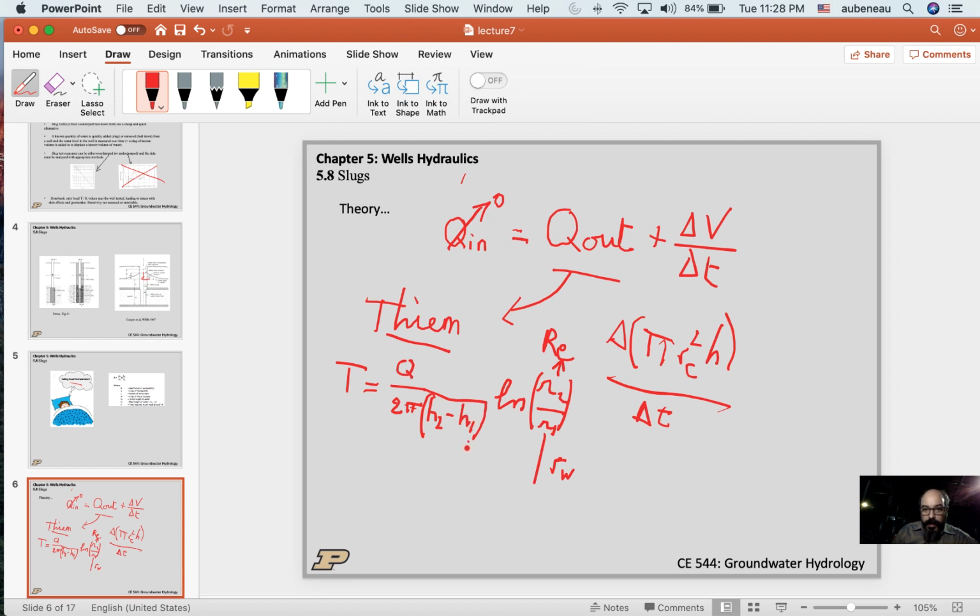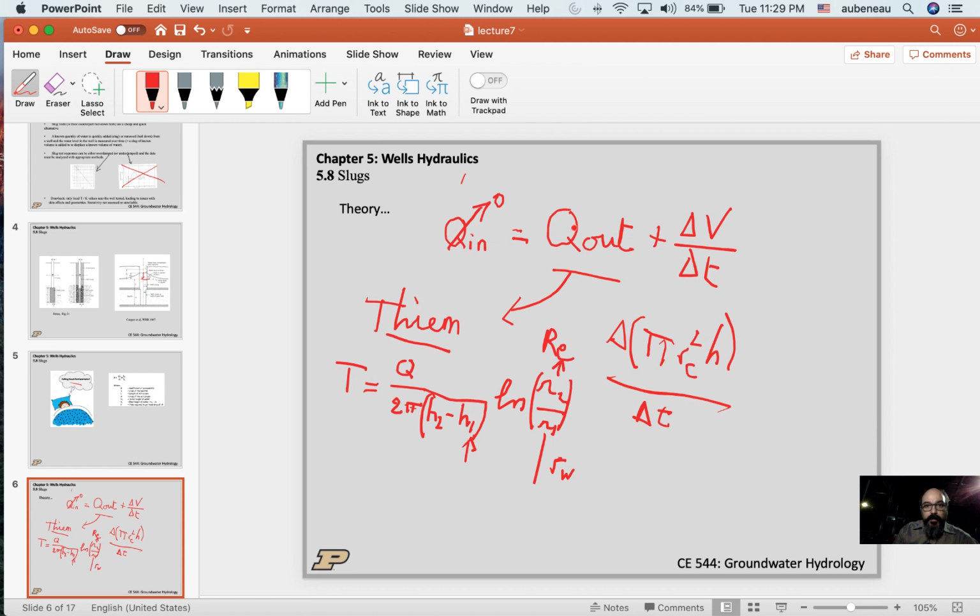So inside the well here at R1, H1 now is the drawdown, if you will, or actually the water level in the well, right? So now we have the water level in the well, and we have that ratio of effective diameter of the cone from the well, right?